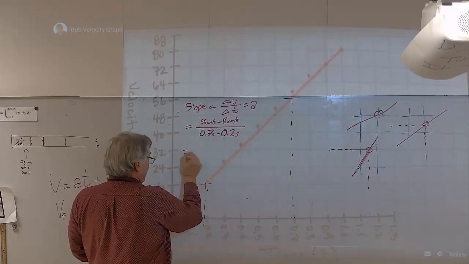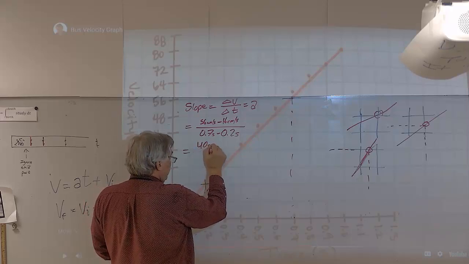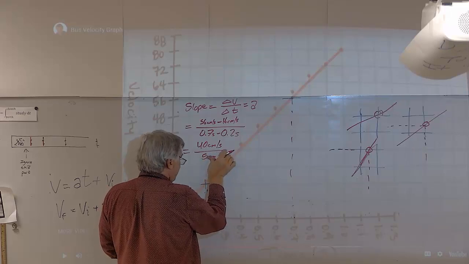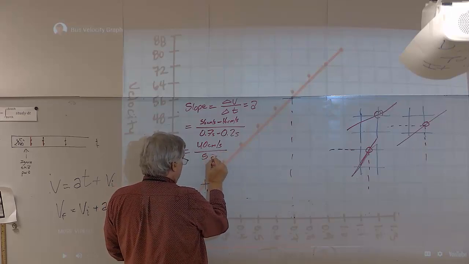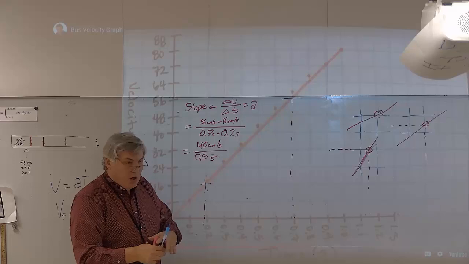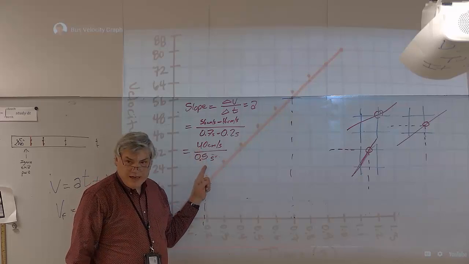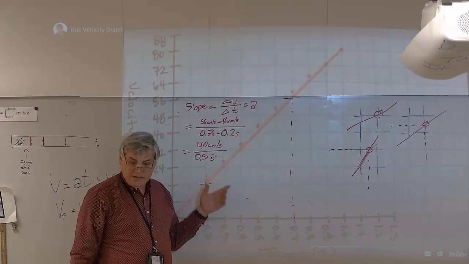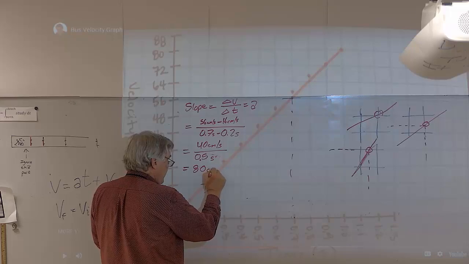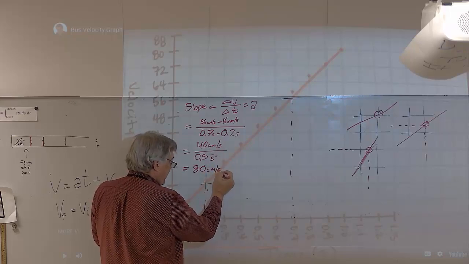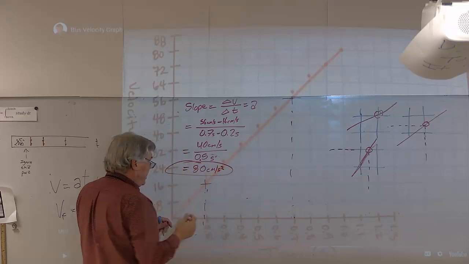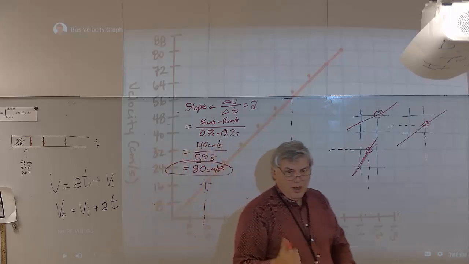So that works out to 40 centimeters per second divided by 0.5 seconds. There we go. All right. So now, 40 divided by 5 would be 8, but 40 divided by 0.5 is 80. So that's equal to 80 centimeters per second, and then per second, so that's per second squared. So my acceleration is 80 centimeters per second squared with this data here.